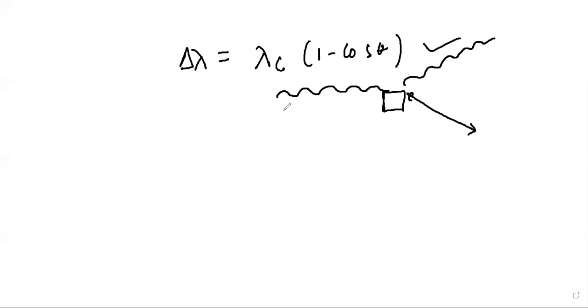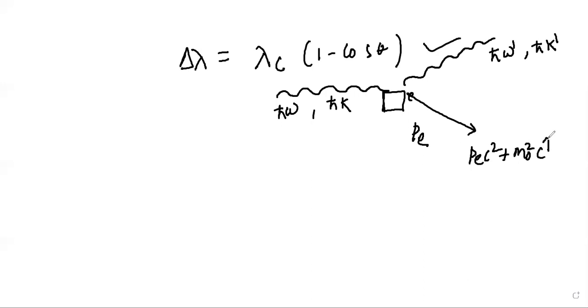We said the incident photon energy was h bar omega, here h bar omega prime, and the momentum was h bar k, and here h bar k prime, and the electron momentum we considered pe, right? And the energy we considered to be (pe squared c squared plus m0 squared c to the fourth) to the power 1 by 2. This is the energy of a relativistic particle, because the electron is a relativistic particle.